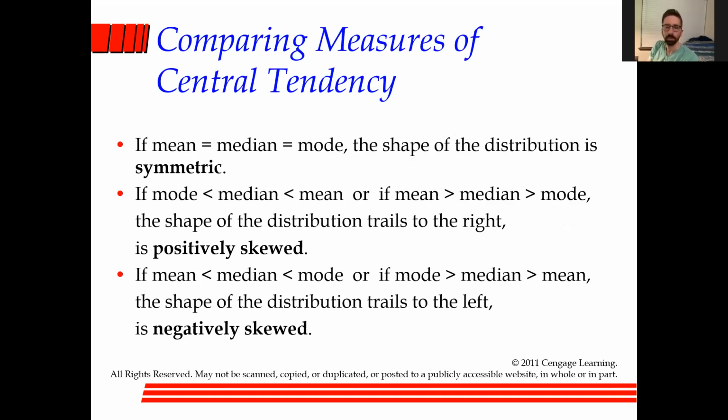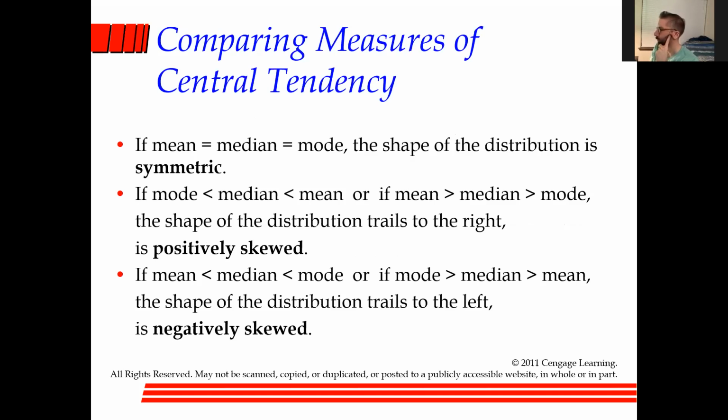Now here's the deal, here's the big thing. It's in your book. I would recommend that you read chapter 3 so you get used to these terms. In your book, it shows examples like this. If the mean is equal to the median is equal to the mode. Now, when we say equal, in most cases, approximately equal, all right? Data is messy.